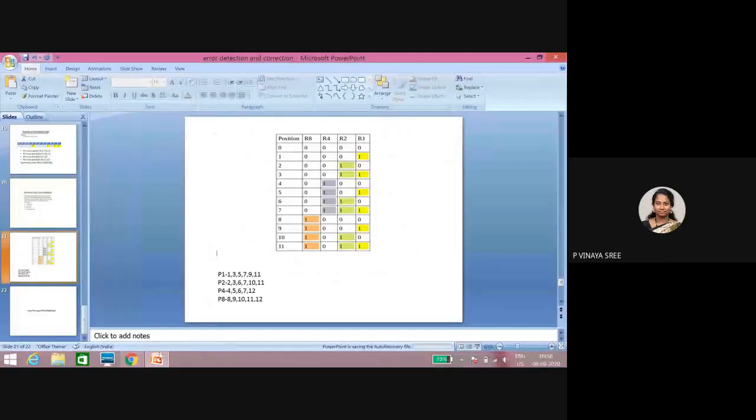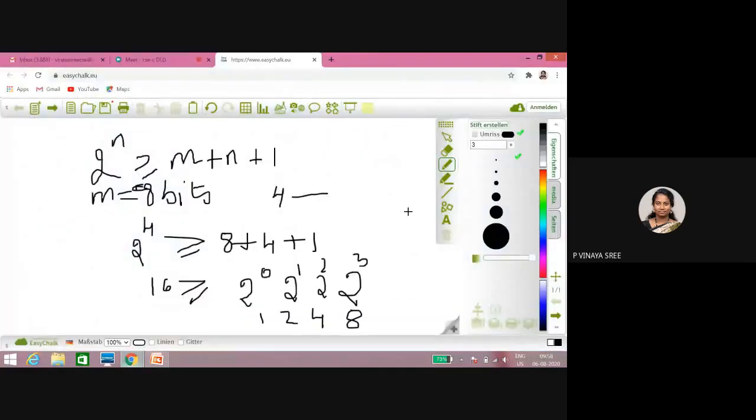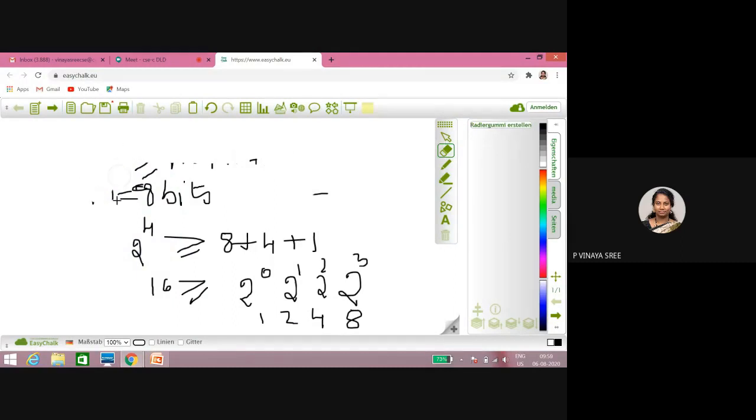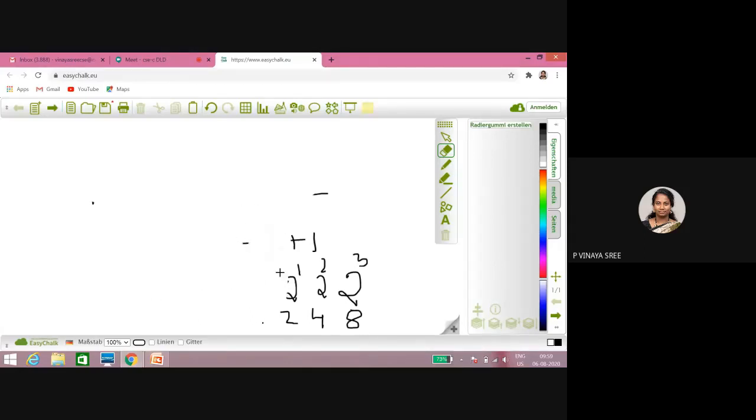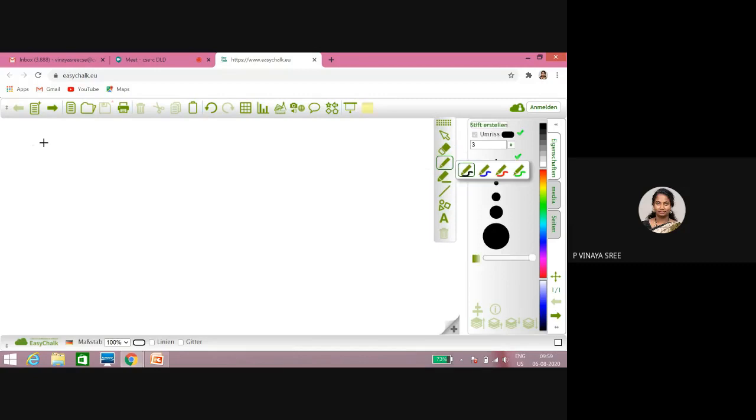Okay. So let me start with the message and combinations, and we will calculate our parity bits. Try to concentrate, everyone.